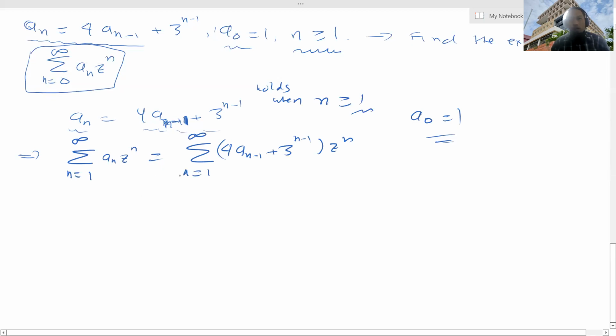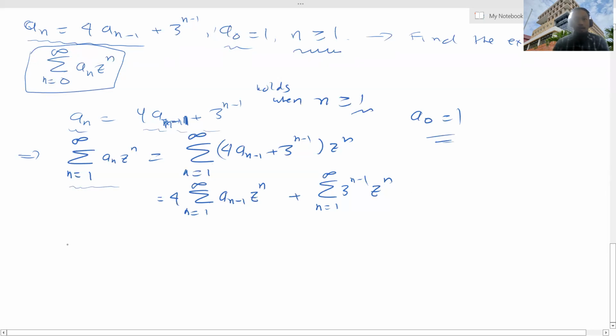Now the next step is to simplify that. The right hand side is equal to the sum of n from 1 to infinity 4 times a_{n-1} z to the power of n plus, of course, the sum of n from 1 to infinity 3 to the power of n minus 1 z to the power of n. Now, let's change the left hand side first.